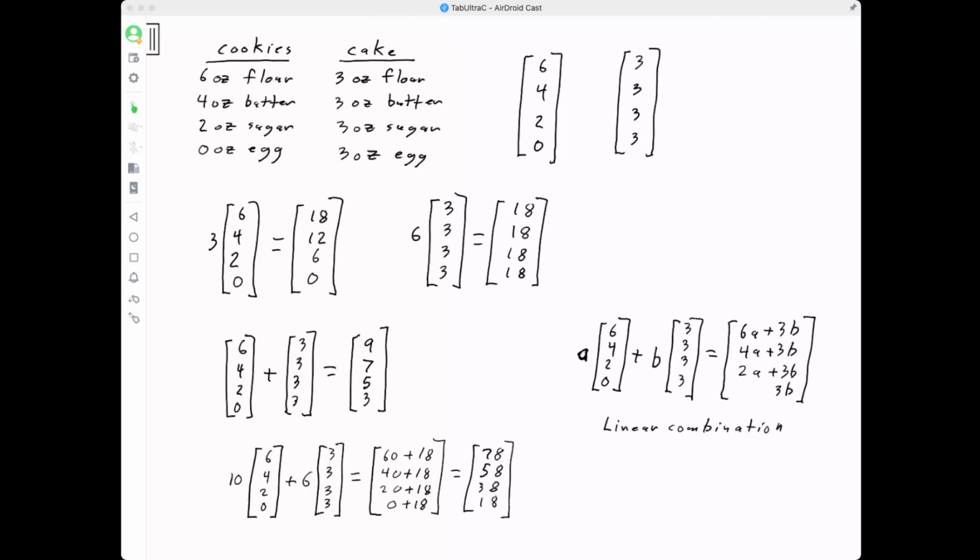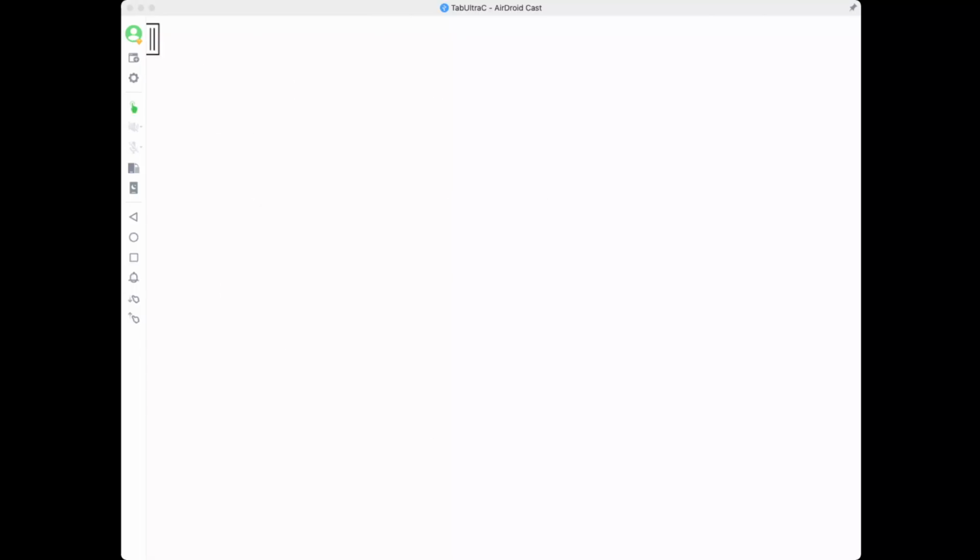And a little bit of notation. So for us, the notation that we have to deal with is when we talk about a vector, we represent vectors usually with lowercase letters.